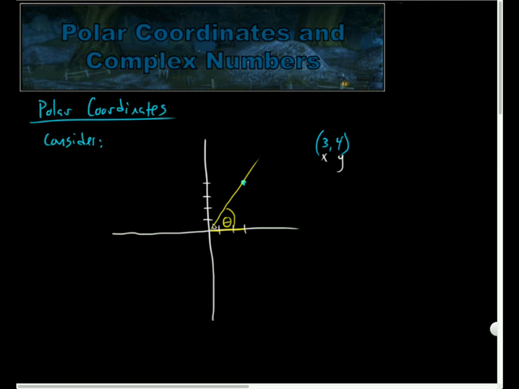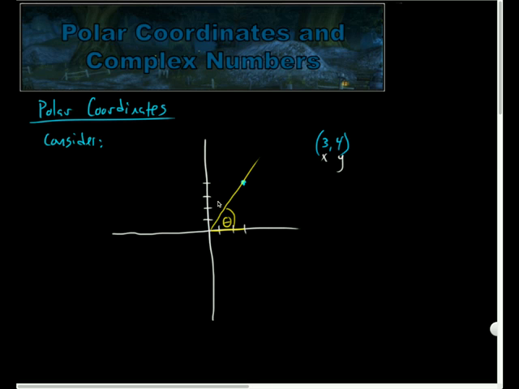And the other dimension that we'll use is the distance. So this distance here will be r. With those two pieces of information, we'll be able to find exactly the same points that the Cartesian coordinate represents. Every point on the plane can be located with these two pieces of information, and there's somewhat of a one-to-one relationship between these.